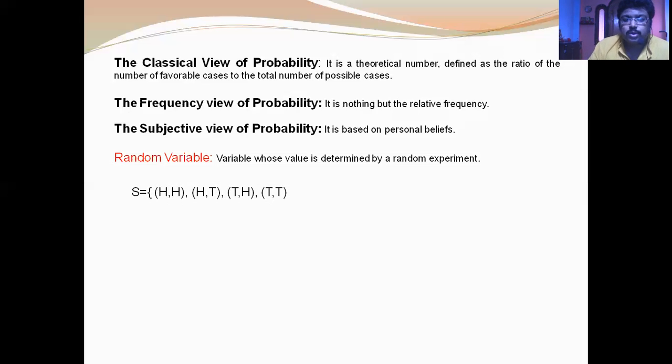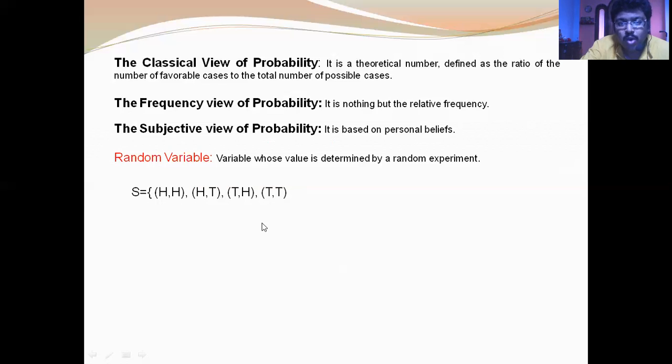Suppose we let X be the number of heads occurring on the two coin tosses. Then X is a random variable. The numerical description of the experimental outcome can assume the values 2, 1, 1 and 0.